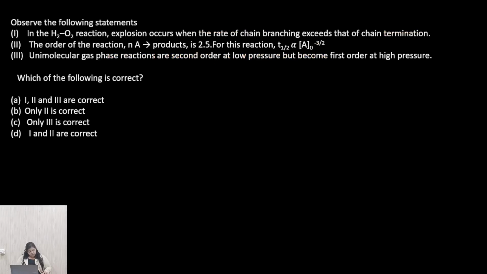So observe the following statements. Which among these is the correct one? The first statement says in the hydrogen oxygen reaction, explosion occurs when the rate of branching exceeds that of the termination. Branching means propagation is more as compared to termination.